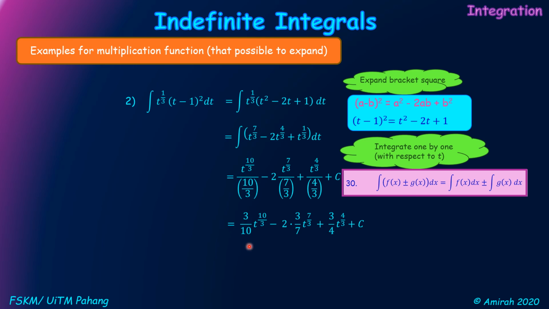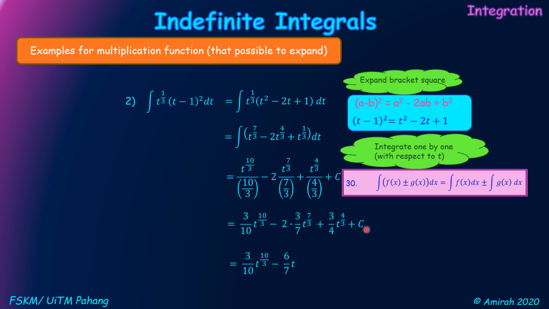So we get 3 over 10 t to the power of 10 over 3 minus the constant 2 here, and then we move 7 over 3 up, so we get times 3 over 7 t to the power of 7 over 3, plus we move the fraction 4 over 3 up here, so we get times 3 over 4 t to the power of 4 over 3. There is no lower and upper limit, so this is an indefinite integral, so we must put plus c at the back.